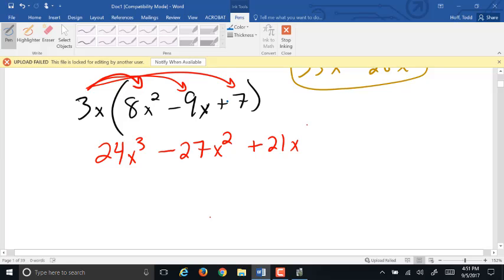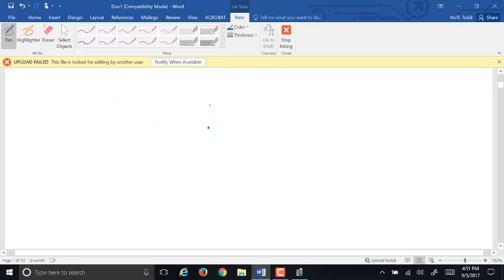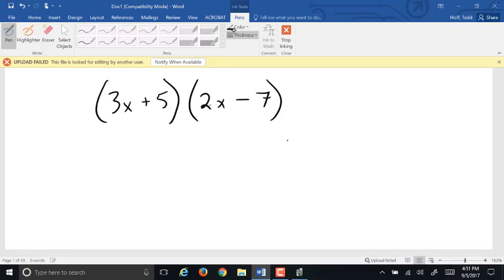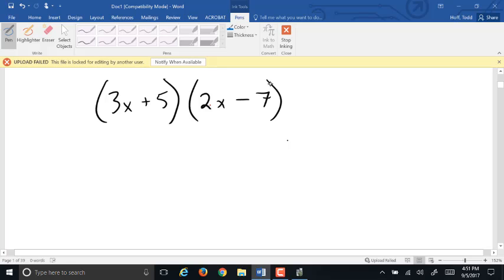So then our next step, take something like 3x plus 5 times 2x minus 7. This again is just a long multiplication.